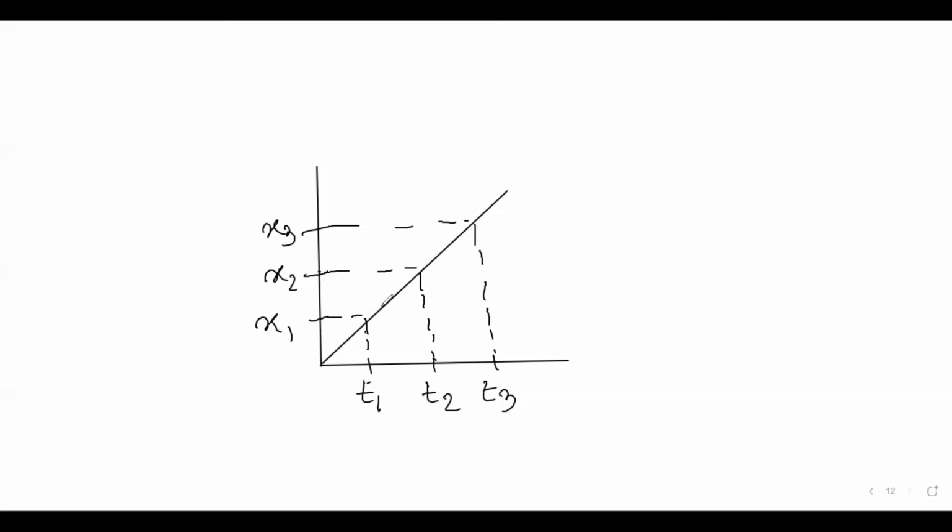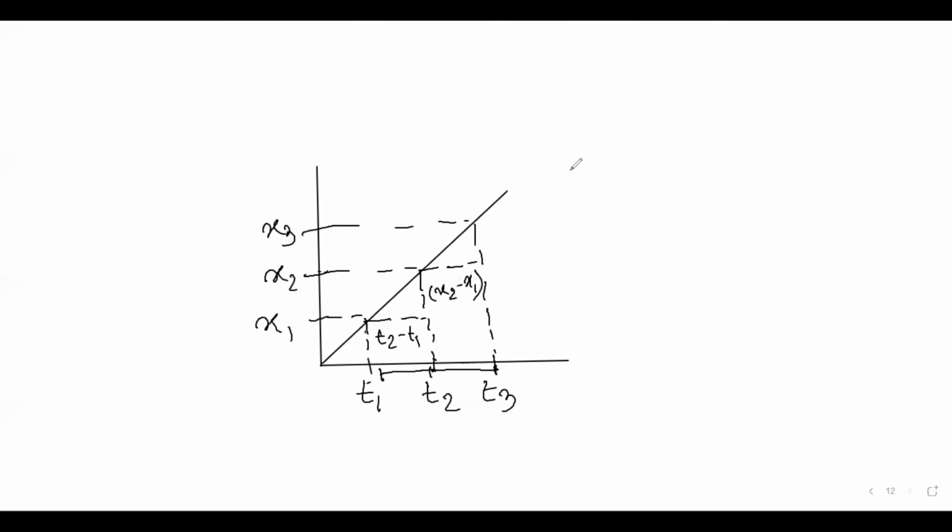This actually means that in a time interval of t2 minus t1, it covers a distance of x2 minus x1. So similarly, we are again taking this, and this and this are actually equal.